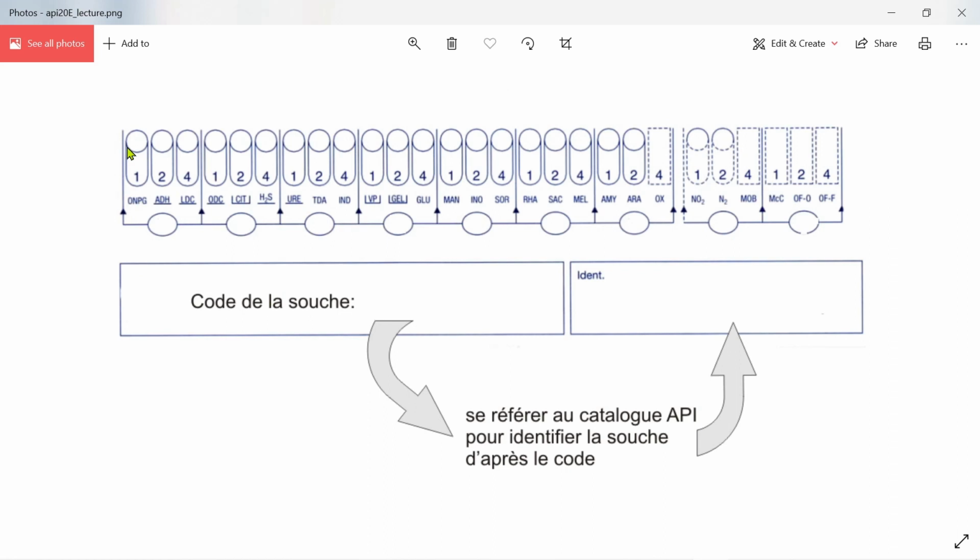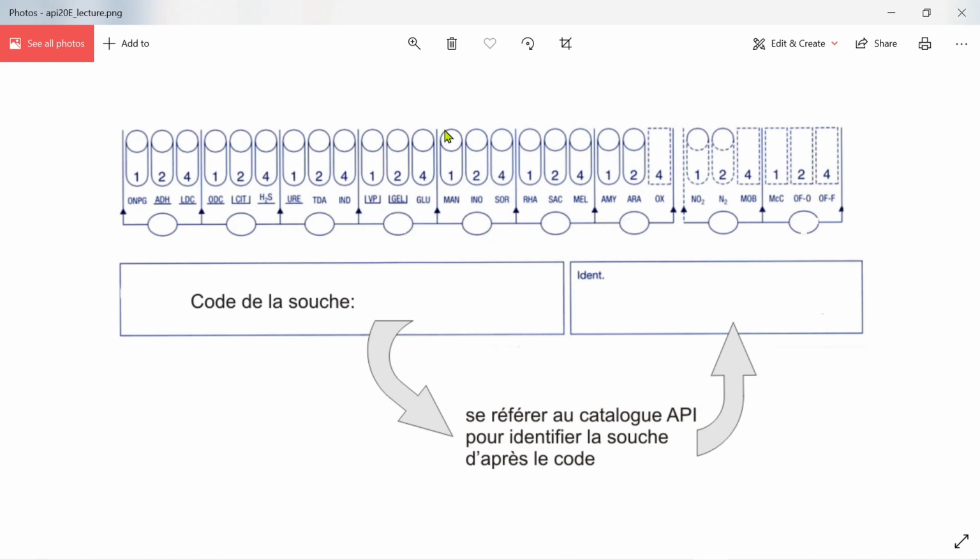So if it's positive for ONPG, you tick 1. If it's negative for ADH, it's 0. If it's positive for LDC, you put 4. So the total will be 1 plus 4. It will be 5 here. Okay, so same goes for the other tests.